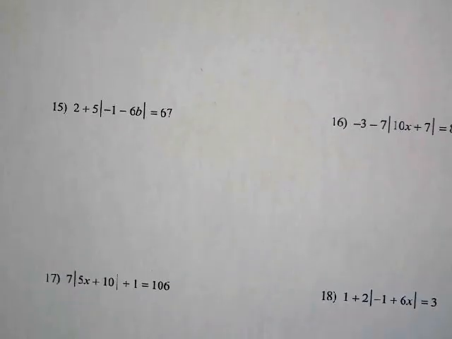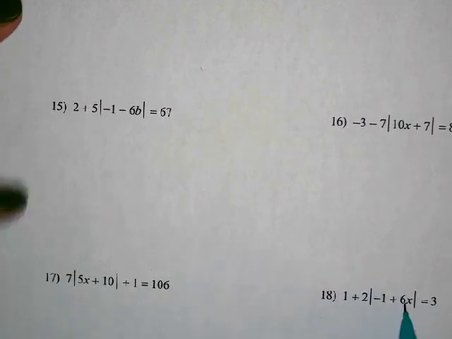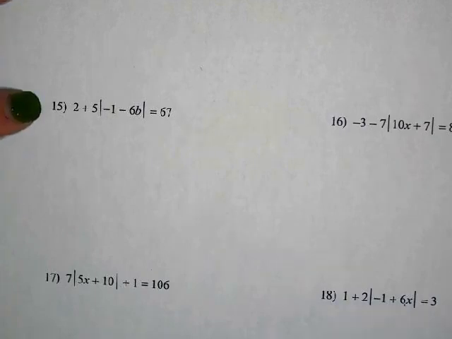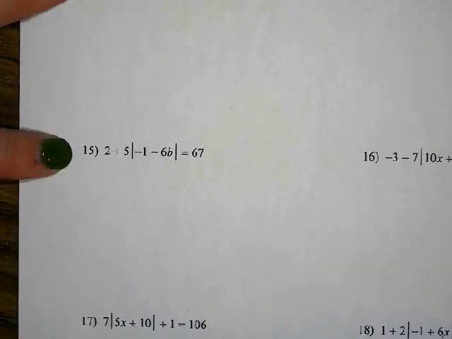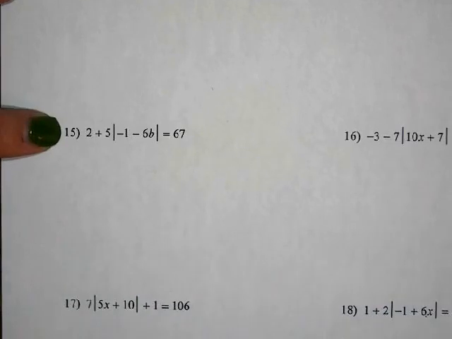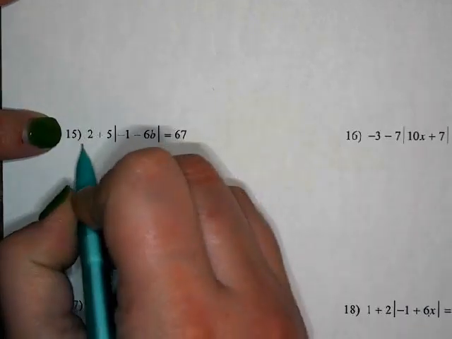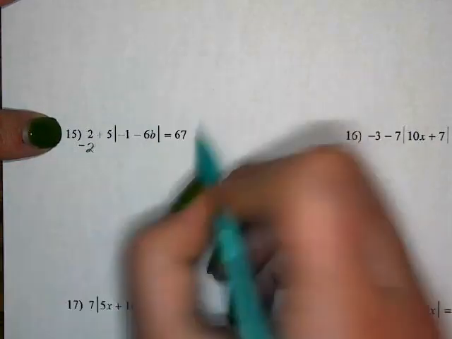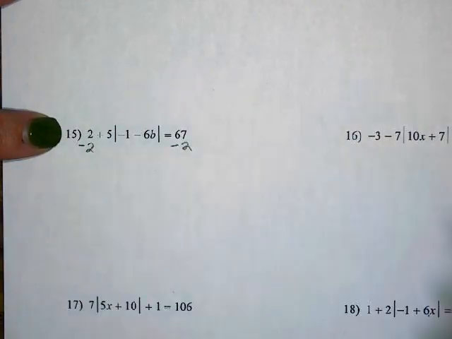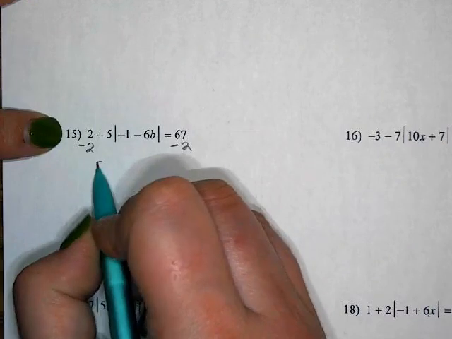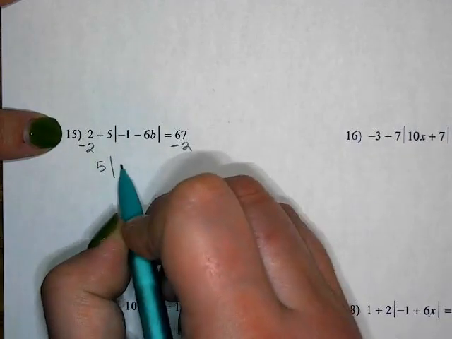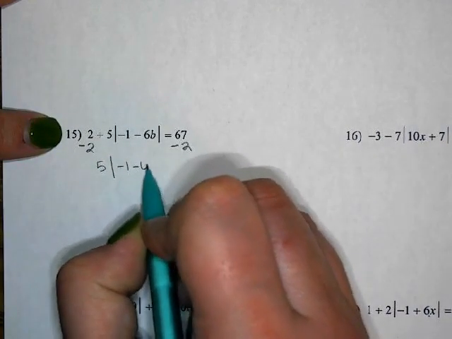18? Okay, so 18, kind of similar to 15. Let's go ahead and do 15. So for number 15, how should we start it? Subtract the 2. Okay, so 5 times the absolute value of -1 minus 6b equals 65.